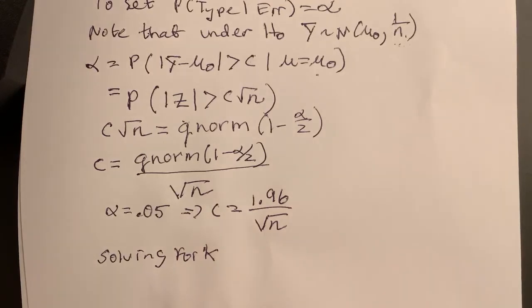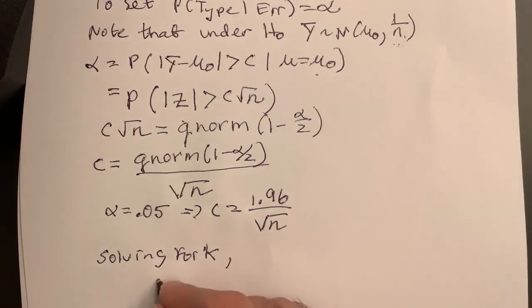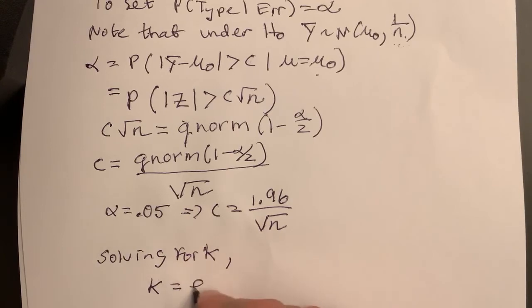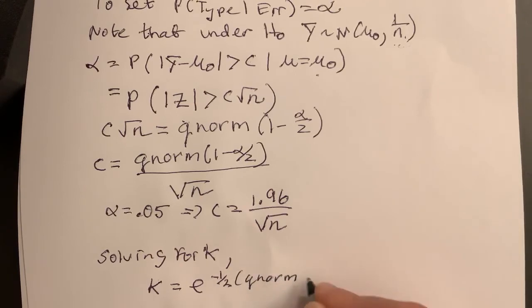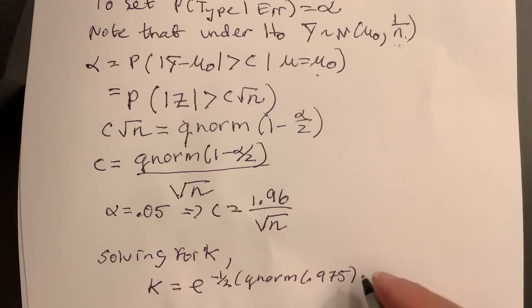I find that k equals e to the minus 1/2 times qnorm of 0.975, squared.